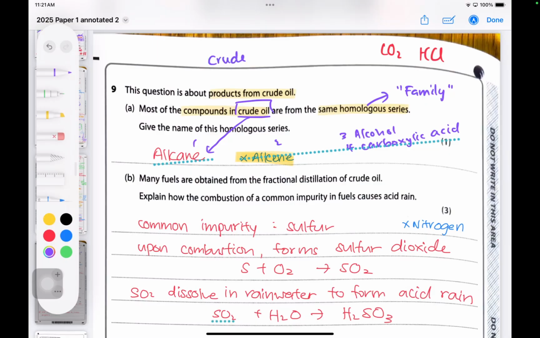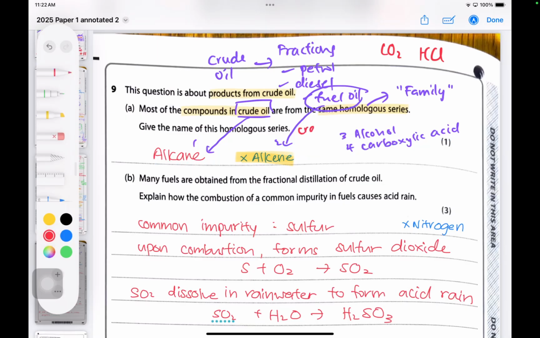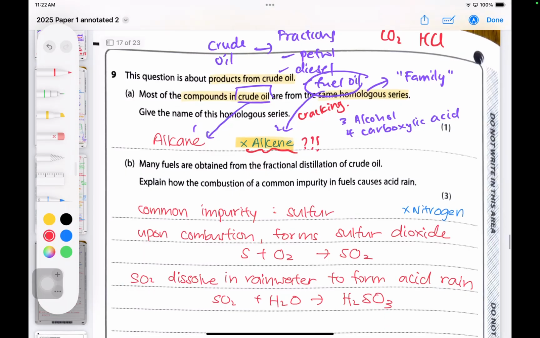We have crude oil, and after fractional distillation we get the different fractions such as petrol, diesel, fuel oil, etc. Those at the bottom, like fuel oil and bitumen, can undergo cracking, and it's after cracking that you get some alkenes. This is where students get confused, so take note of this. So the answer to the first part of the question is alkane.